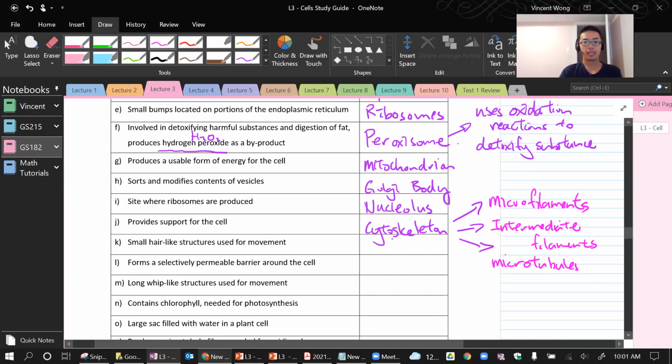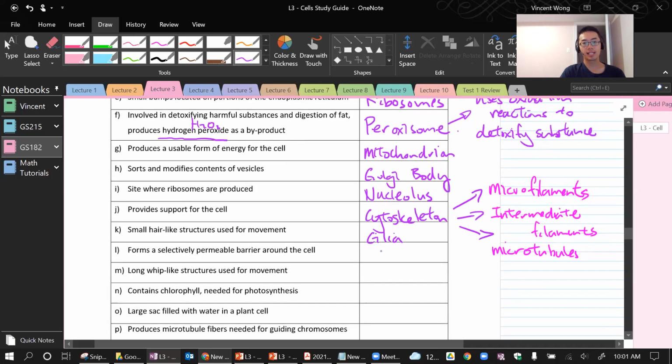So that would be cytoskeleton. Small hair structure used for movement, that would be cilia. Usually you have more than one. Singular of cilia is cilium. Form a selective permeable barrier around the cell, that is the plasma membrane.